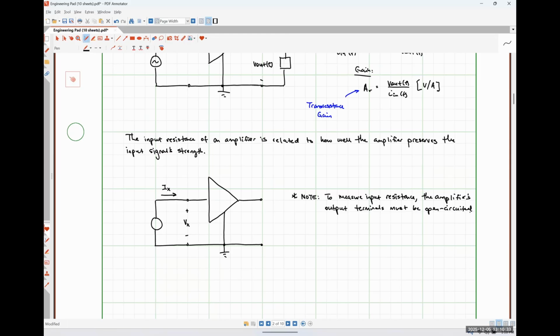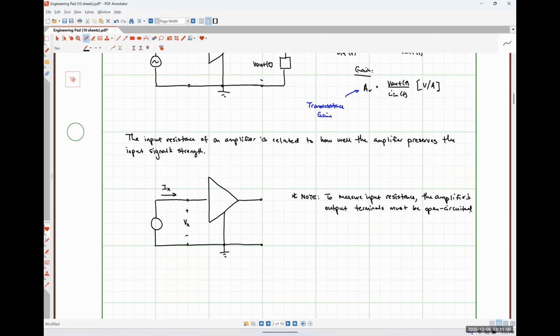The reason why the amplifier's output terminals must be open circuited is because I don't want to take into account any effects that the connected load might have. So I'm just trying to quantify amplifier behavior right now, not system behavior. When we talk about system output resistance in a couple of days, we'll connect a load there.